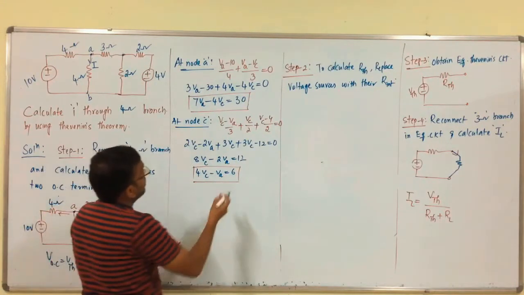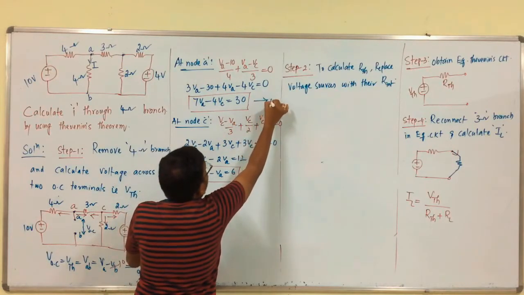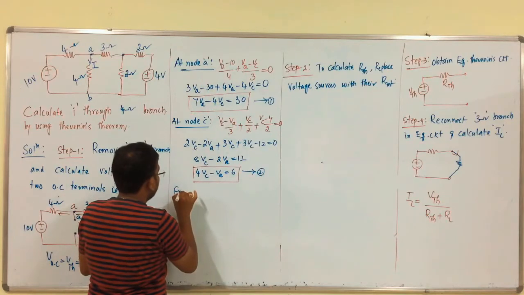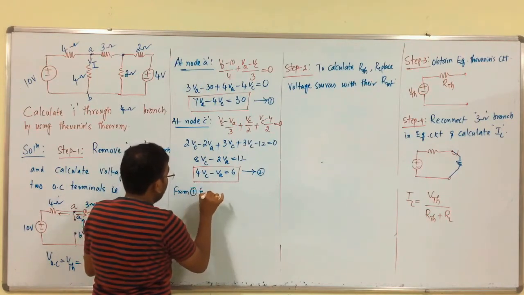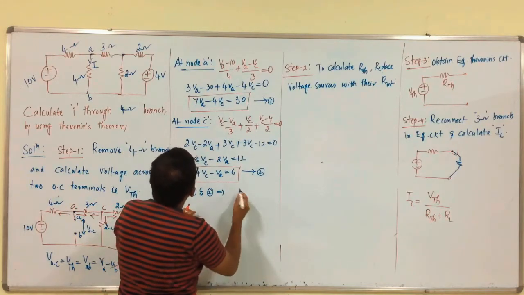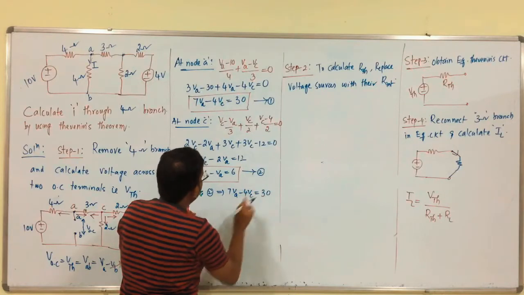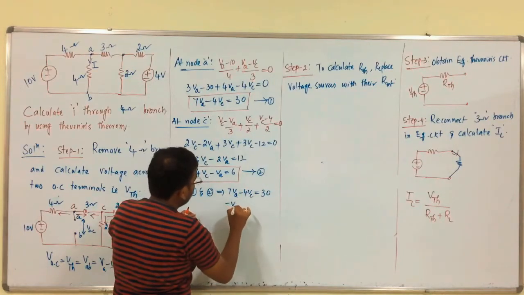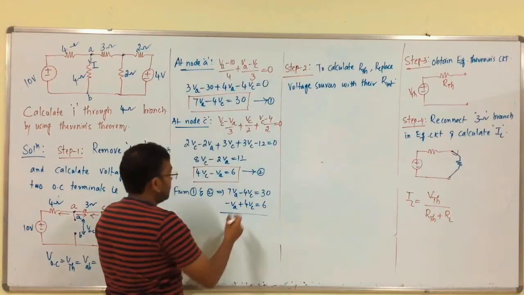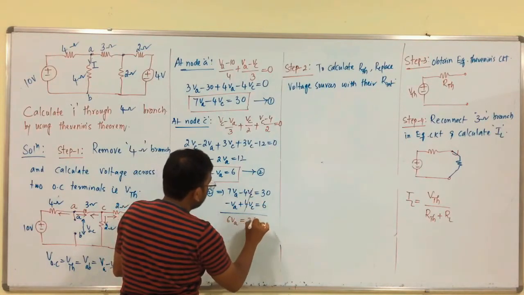So, from these two equations, call them 1 and 2: 7 VA minus 4 VC equals 30, and minus VA plus 4 VC equals 6. The 4 VC terms cancel, giving 6 VA equals 36.